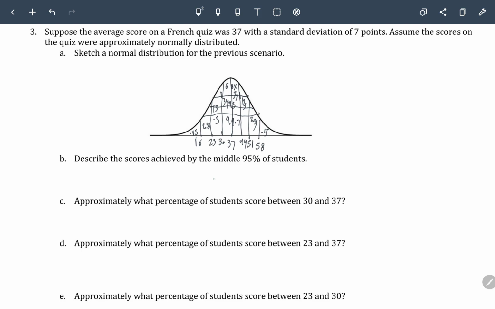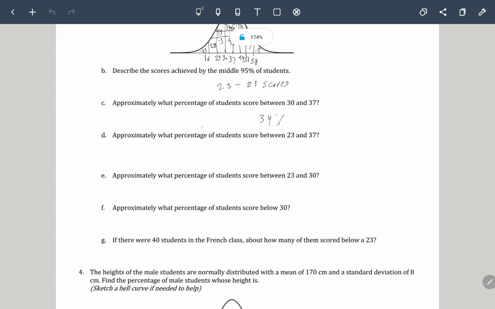So it's between 23 and 51 scores. Approximately what percentage of students score between 30 and 37? To find this, it says approximately what percentage of students score between this. So we could just say 34%, because it just says 34%.